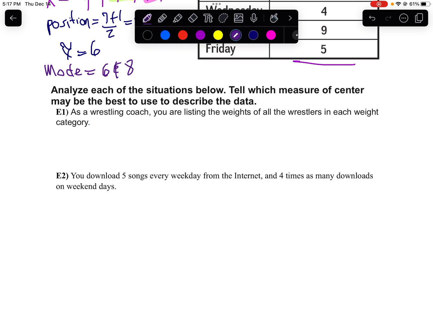Well, if they're in a category, they're not going to have a bunch of extremes, so I think I would use my mean. Now, you could justify the median because they're almost going to be the same, aren't they? Because your middle number, when you put them in order, and when we add them and divide, it's going to probably be the same. So I could actually even say the median on that one.